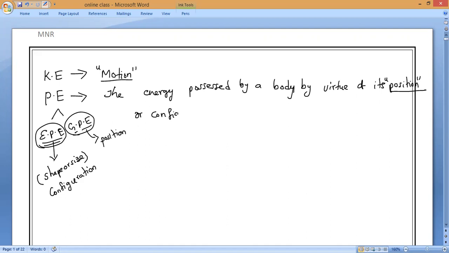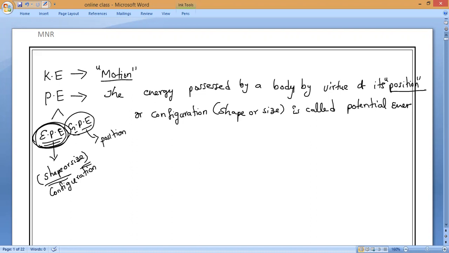Configuration means what will change in elastic potential energy: shape or size. That is called potential energy, the general definition.